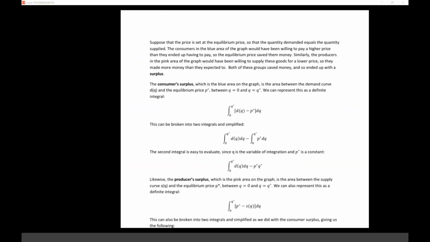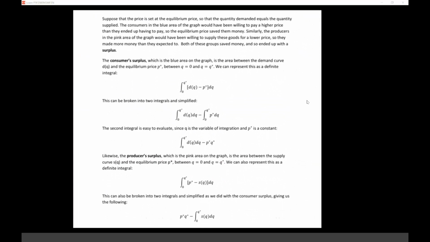All right, so here's the next page. I kind of explained all this before, why each group has a surplus, being willing to either supply the goods at a lower price or willing to pay more for the goods demanded. So let's work on consumer surplus first.